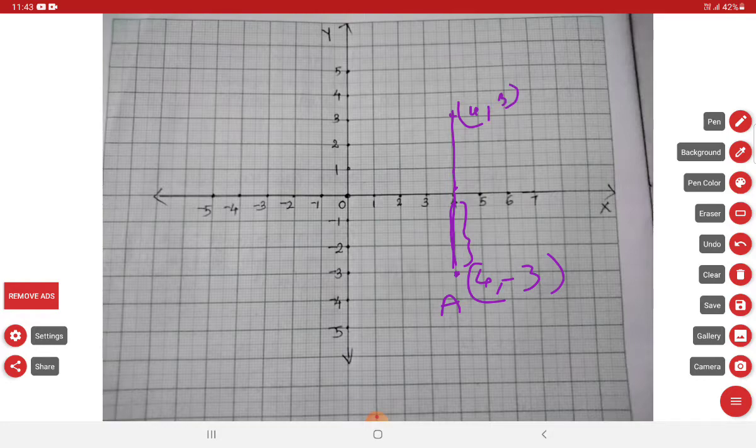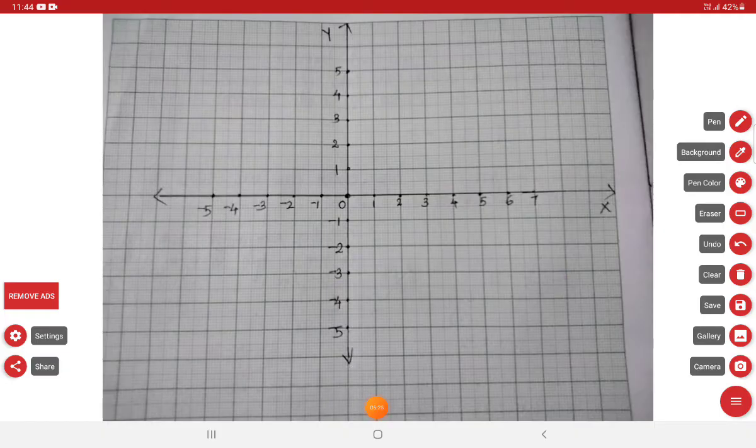Now about the y-axis, you have to move along this horizontal distance, 4 units from the y-axis, and reach here. This point is (-4, -3). In this way we can find the mirror image of points in each quadrant about the x-axis and the y-axis.